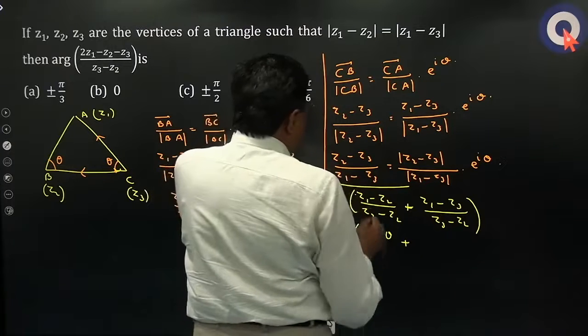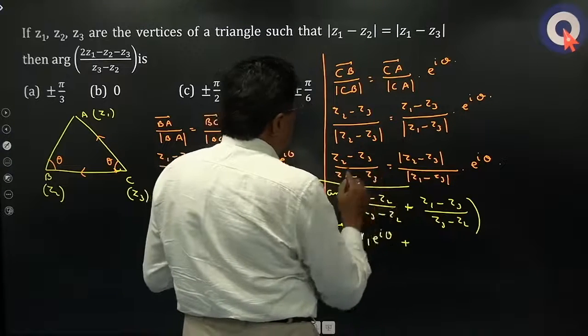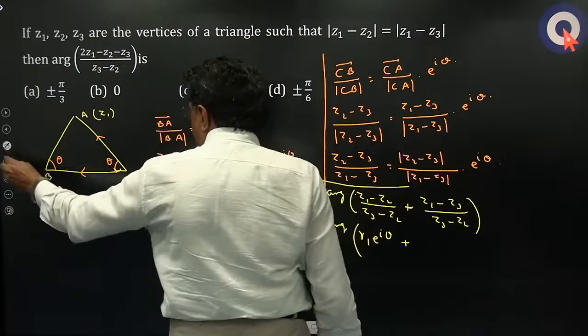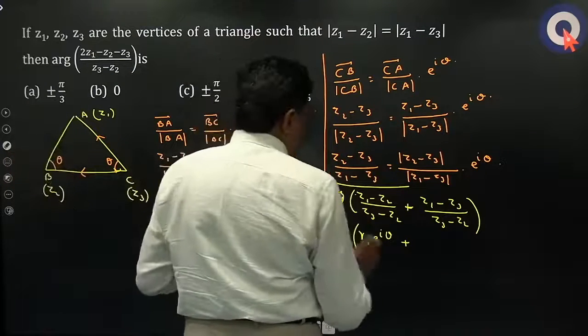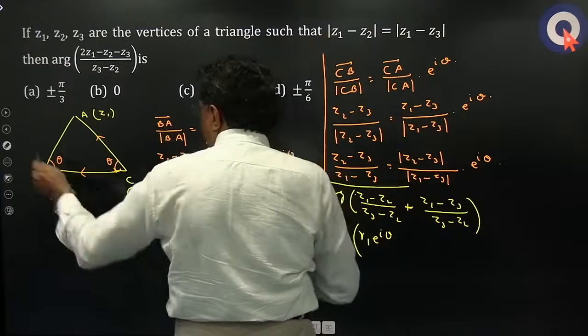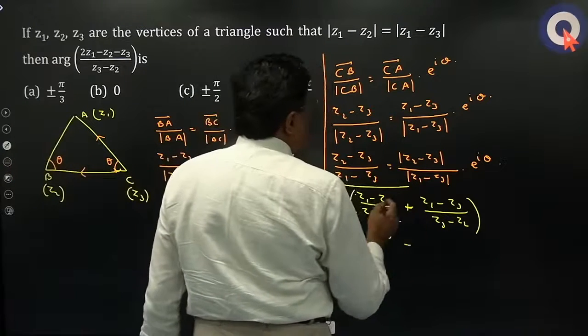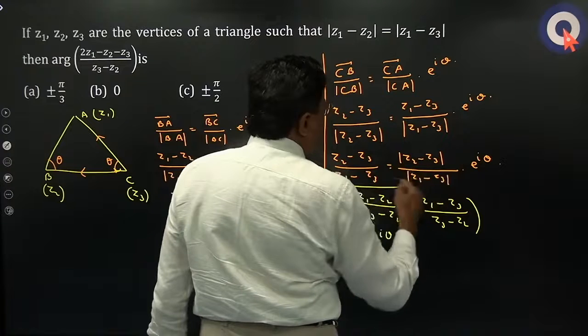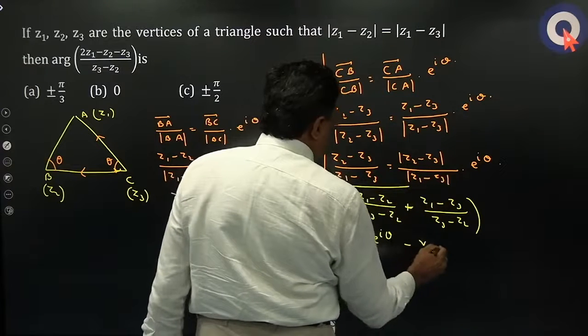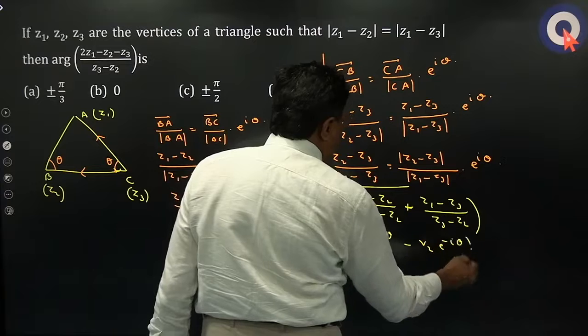So you can see here Z2 minus Z3, so we get a negative sign here, and also e power minus I theta, so R2 into e power minus I theta. So that means what?